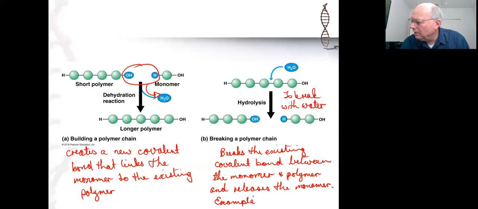And I can give you a really good example of this one. This is digestion. If I give you any, let me put an example in here.